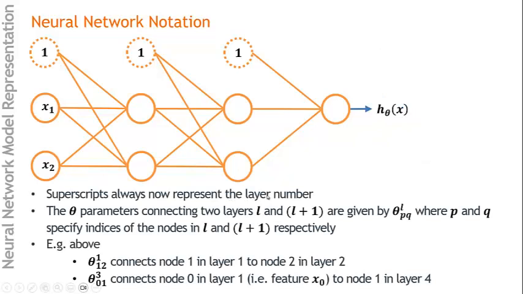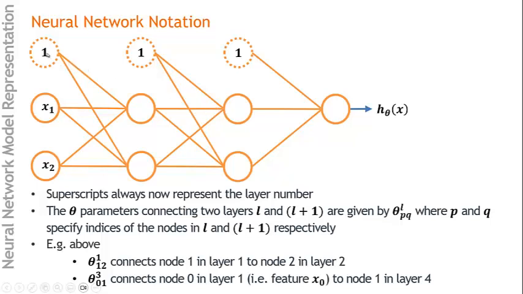Superscripts are used to represent the layer number. Right? So theta represents the connections. So if we want the connection between node P in layer L and node Q in layer L plus 1, we represent it this way. Theta L PQ. L is the first layer of the 2 layers we're considering. P is the node in the first layer, and Q is the node in the second layer.